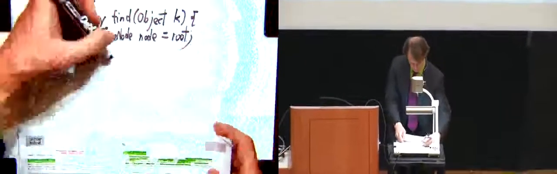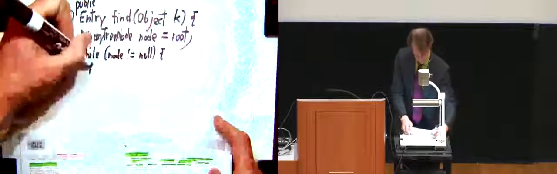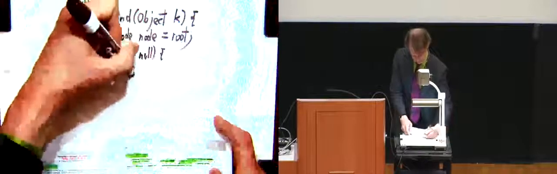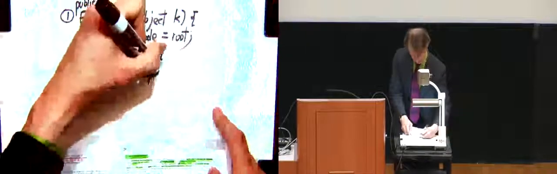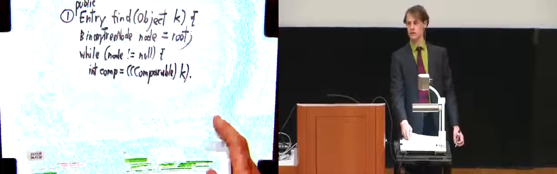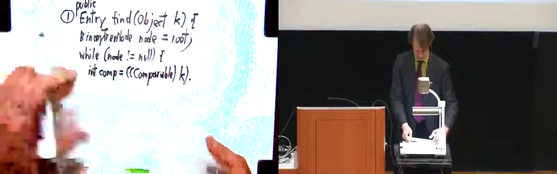So while the current node we're at is not null, we keep looking. We are going to need to do a comparison here. And I'm going to assume that all of the keys in this tree are comparables that have a compareTo function.